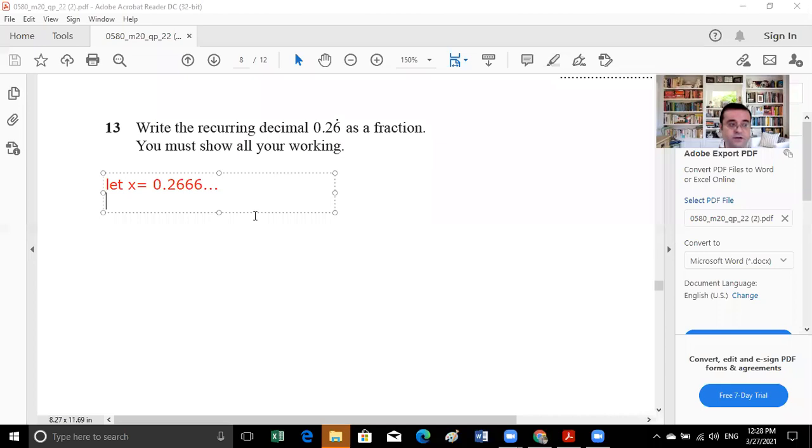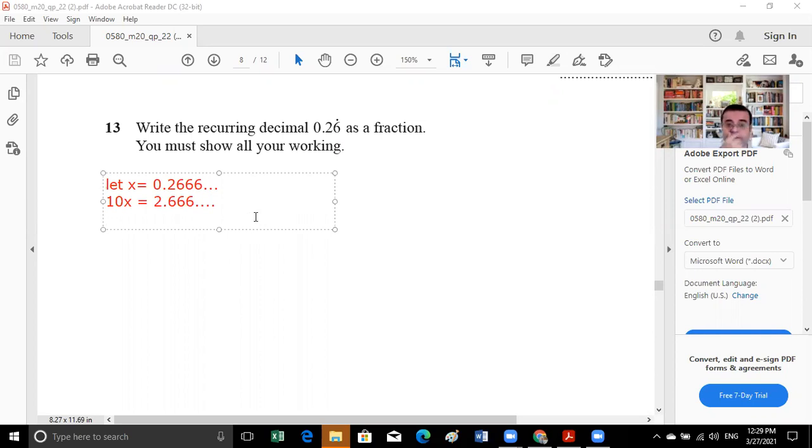Let 10x equal what? 2.666. 10x equals 2.66666, right? So what do you do now? 100x? Maybe 2 over 10? No need. 9x? No need.